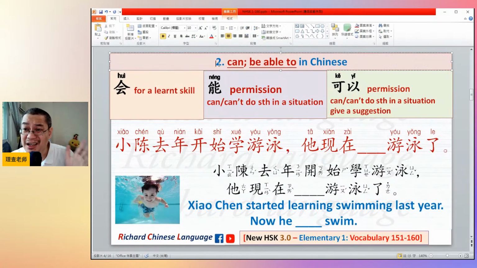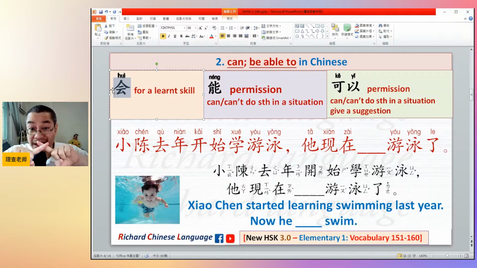And now let's talk about usage 2. 会 doesn't mean will anymore. Here, 会 is a marker for can, be able to do something in Chinese. So when we use 会 in this meaning, it doesn't mean will or be going to anymore. Now we are going to talk about can. You can do something, you're able to do something.